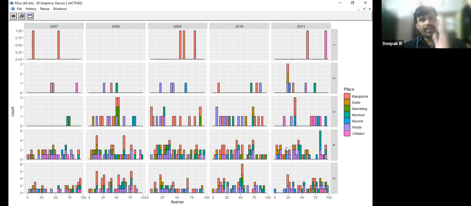Since I have collected it across years, it shows how investing strategies or investor behavior have changed over a period of time according to risk awareness. So this gives you the transition that has happened with respect to investor perception, all these aspects.